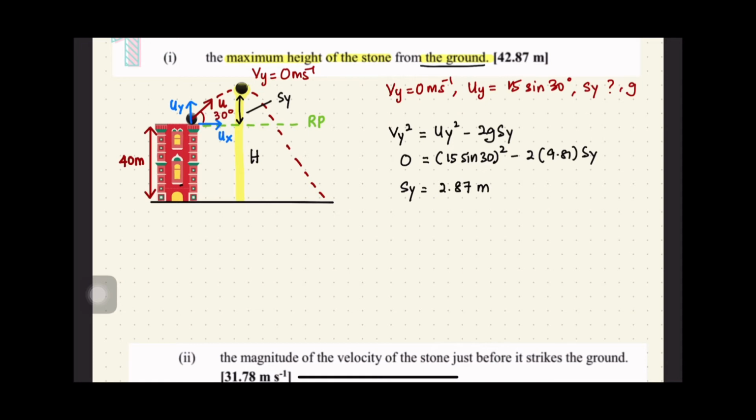From this position until ground, I denote sebagai H. So H is equal to 40 meter, meaning height of the building, plus Sy, the height that you get from reference point to the maximum height. So 42.87 meter.